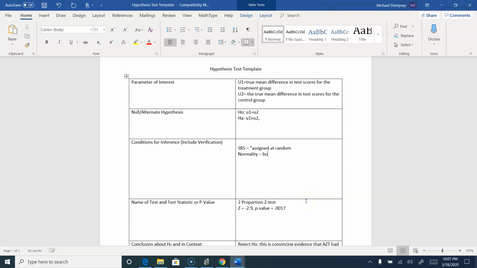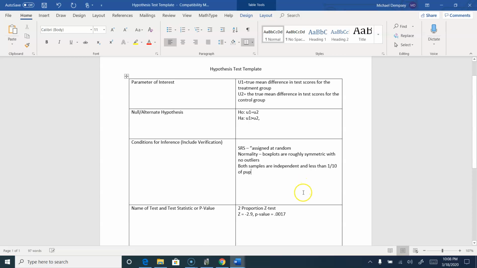They gave us the box plots. Okay. And then both samples are independent of each other, and we're taking less than a tenth of the populations of interest.